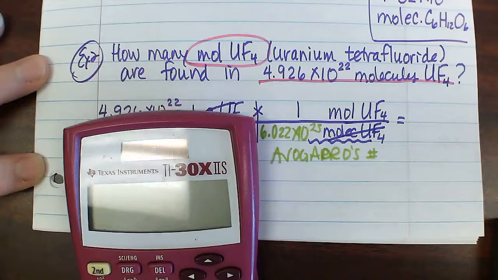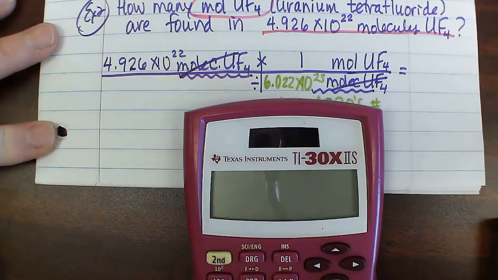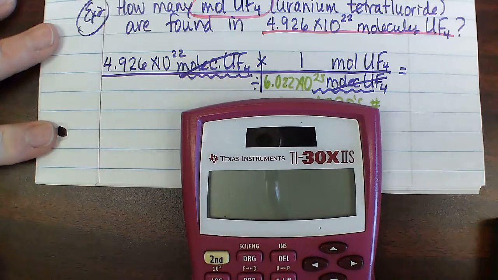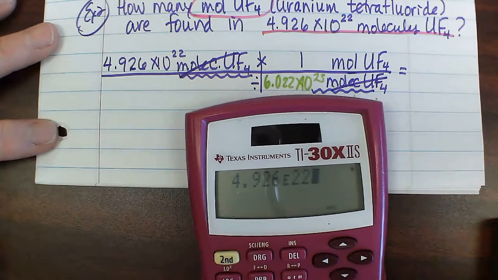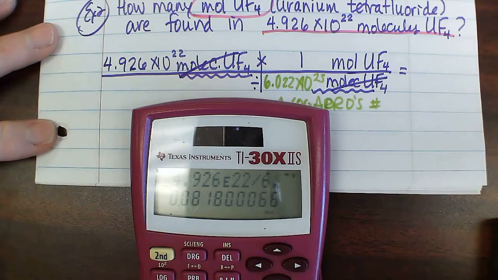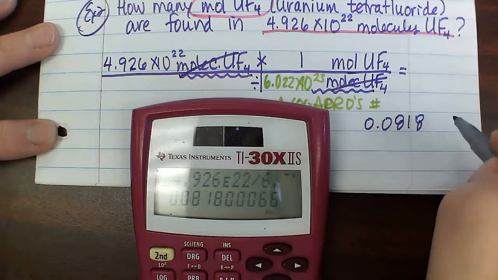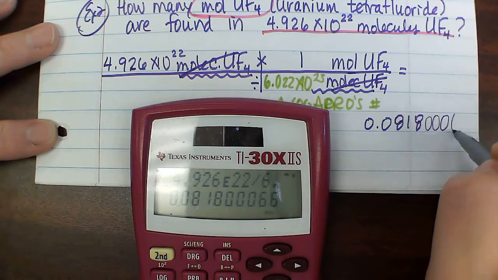So let's do this carefully in our calculators. I really want you to be able to see. There we go. So 4.926 E22 divided by 6.022 E23 equals 0.0818000066.